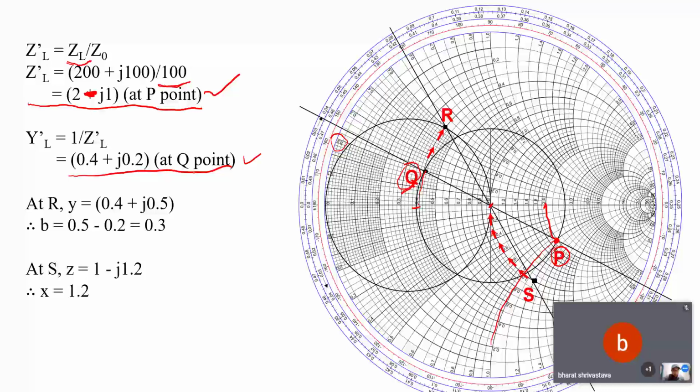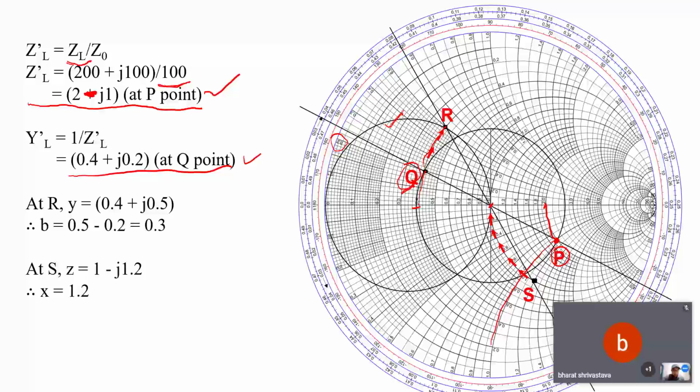for matching this load admittance, I will first draw a constant admittance circle, which is the unity admittance circle, which you can see here.